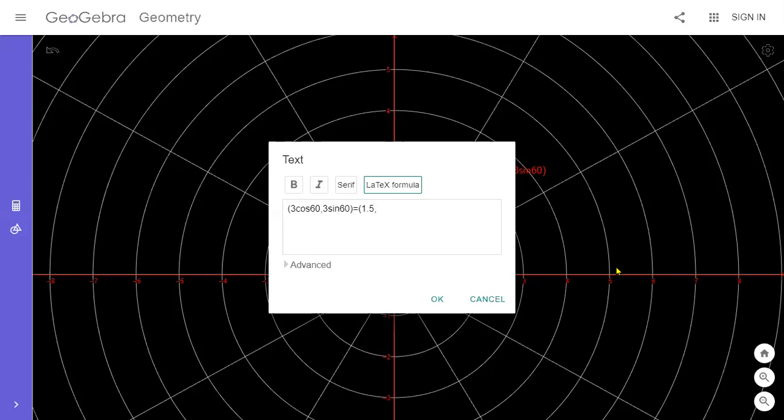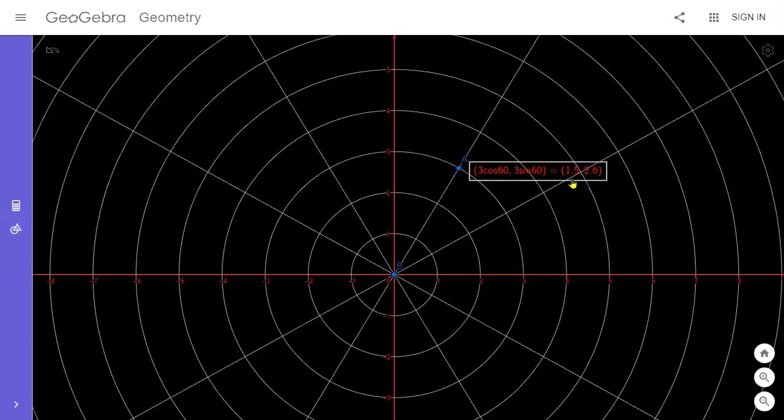It is nearly 2.6, after rounding off up to 1 decimal place. This point 1.5 comma 2.6 is the point on this Cartesian coordinate. Here we have changed this polar coordinate into the corresponding Cartesian coordinate. Polar coordinate is 3 cosine 60 degree, comma 3 sine 60 degree, and the corresponding Cartesian coordinate for the same point A is 1.5 comma 2.6.